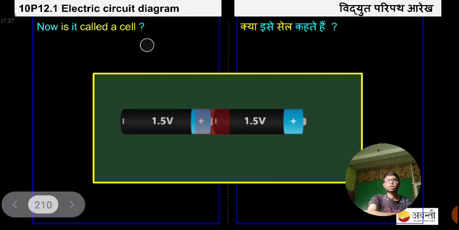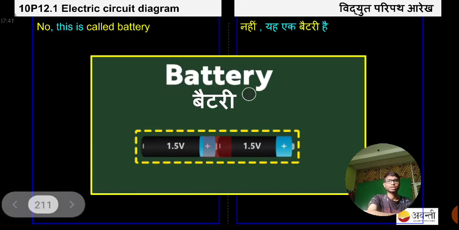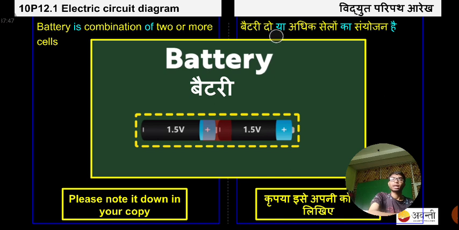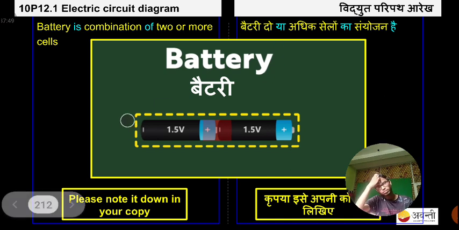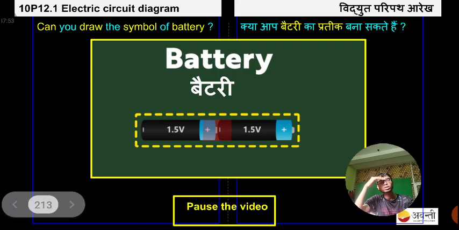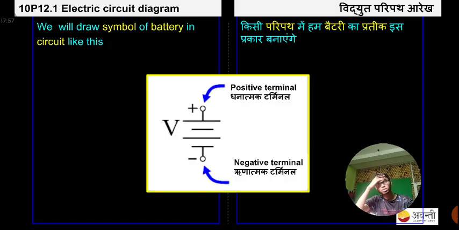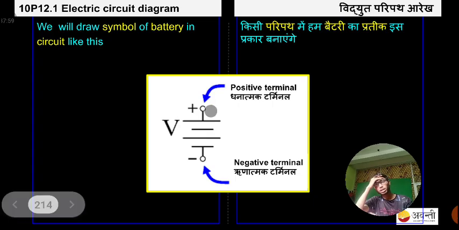When there is a collection of cells, it forms a battery. A battery also has two terminals. A battery is a combination of two or more cells. Can you draw the symbol of a battery? This is the symbol of a battery.